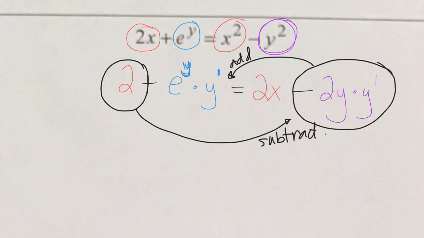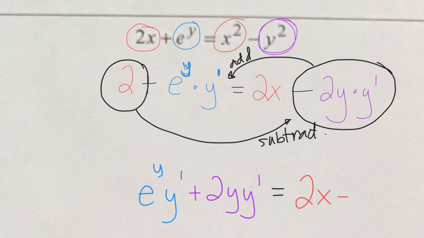So I have my blue e to the y times y prime, and now plus 2y y prime equals 2x minus 2. You get the y primes together on the same side, and everything else together on the other side. So be careful of your signs, your pluses and your minuses. We have to make sure to add the opposite, or subtract if it's a positive, to get it over there.